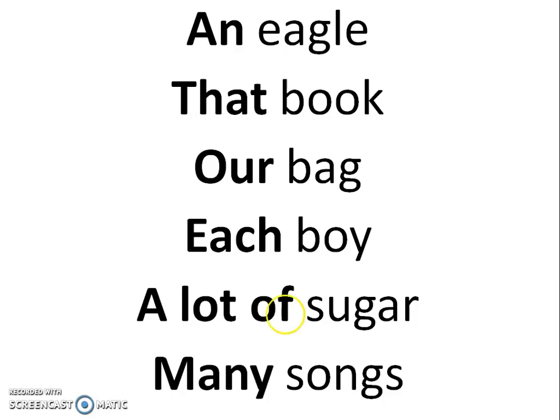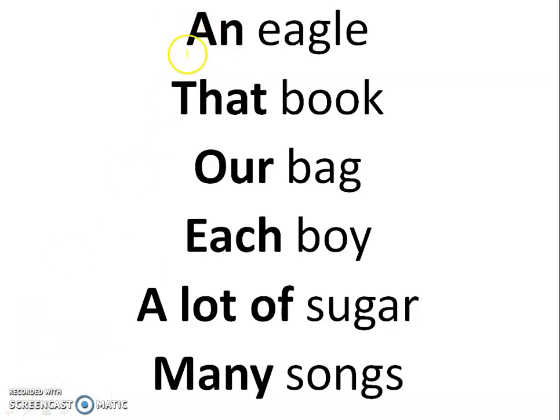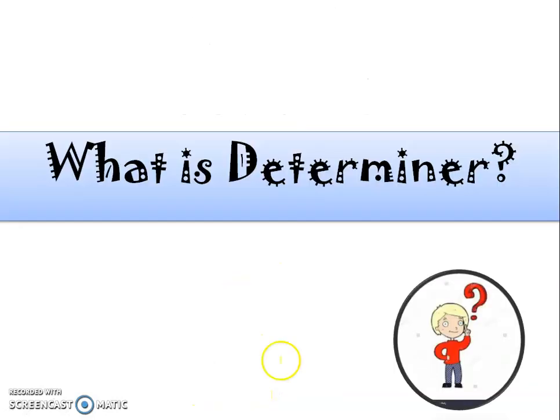The reason is these are the determiners, right? An, that, our, each, a lot of, and many. Now we will see it in detail.